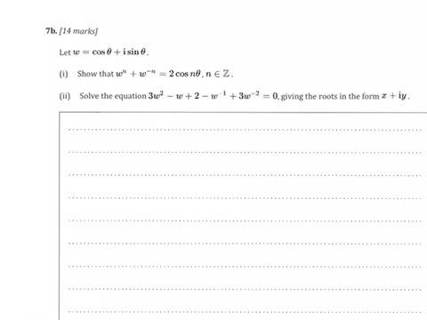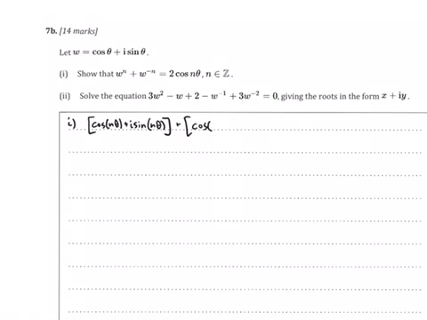So w equals cosine theta plus i sine theta. Show that w to the nth plus w to the negative nth equals 2 cosine n theta. I think we've seen this before, but w to the nth would be cosine n theta plus i sine n theta. All right, so that's w to the nth plus w to the negative nth.